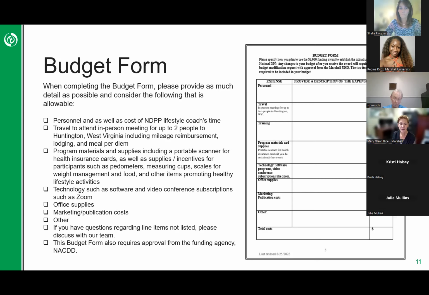And after I go over the budget form, I would be interested to hear about other incentives that this group knows of that might be helpful to share with one another to encourage participation. We would welcome that. Another item is technology. Folks often need funds to purchase Zoom and other platforms for video conferencing, as well as video cameras. You can use your funding for office supplies, marketing and publication costs.